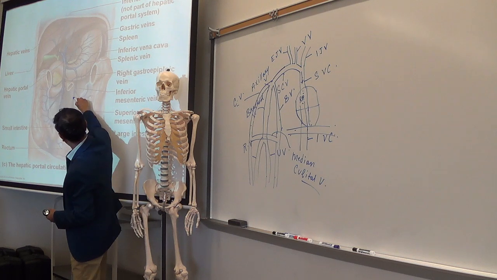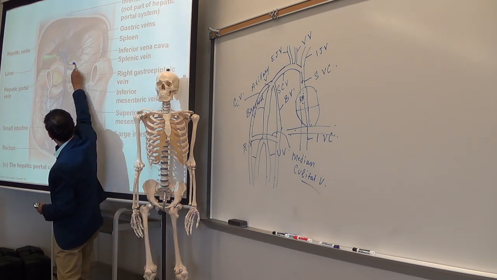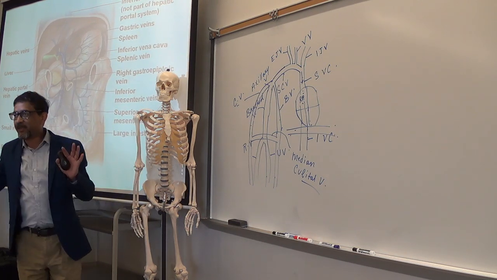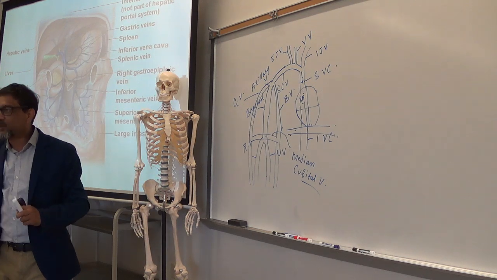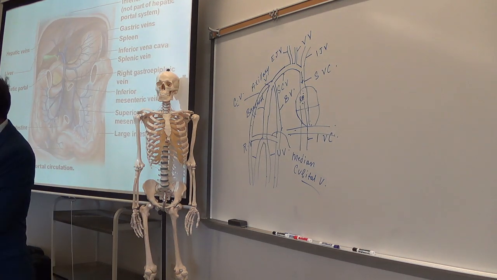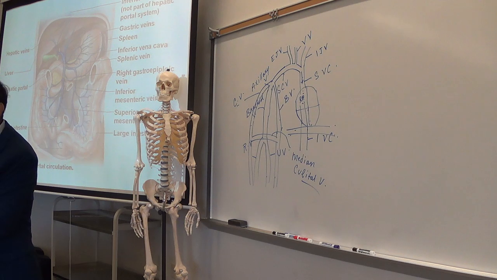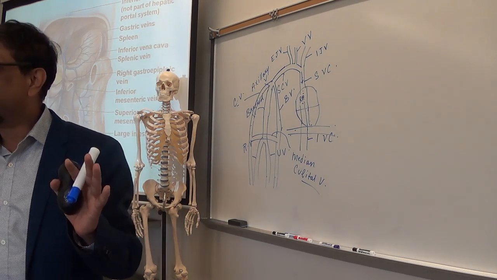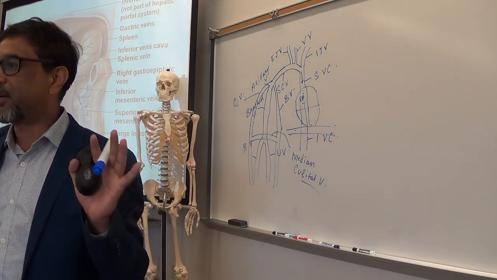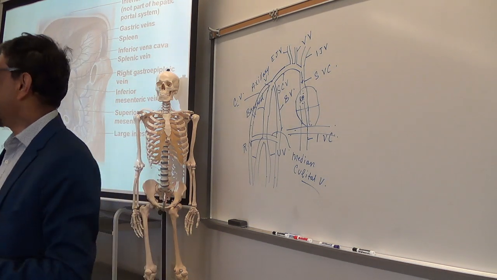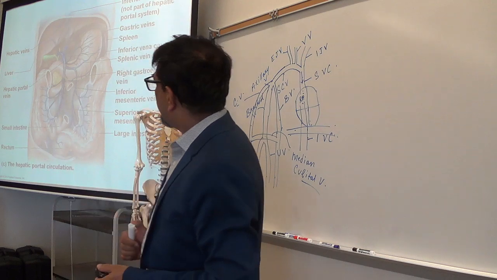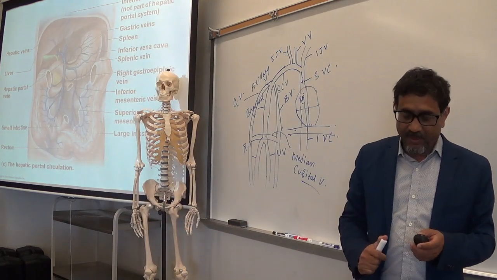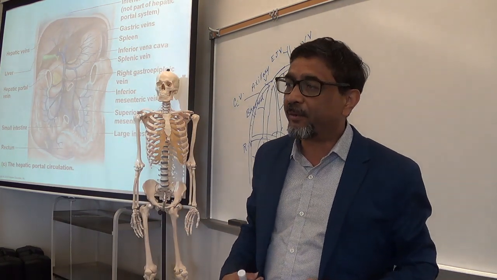So superior mesenteric, inferior mesenteric, gastric. Is it clear? Gastric from the stomach, superior mesenteric mostly from the small intestine, and inferior mesenteric mostly from the large intestine. It's very similar to the arterial system. Okay? So those are the main veins inside the abdomen.